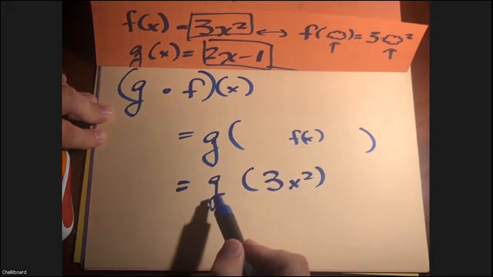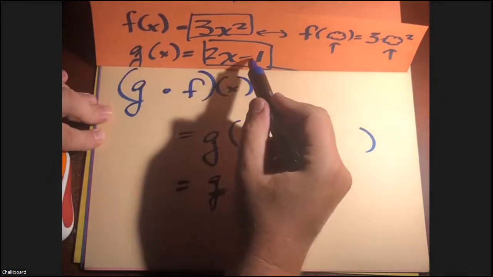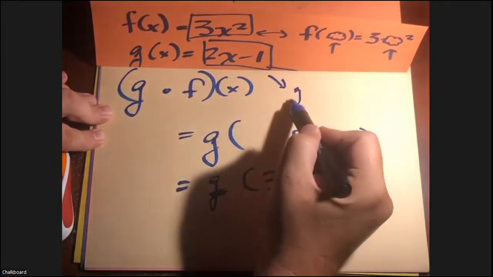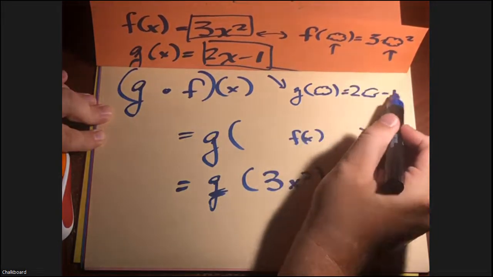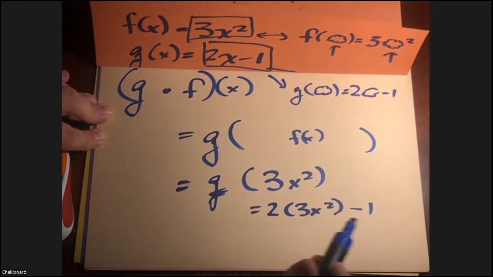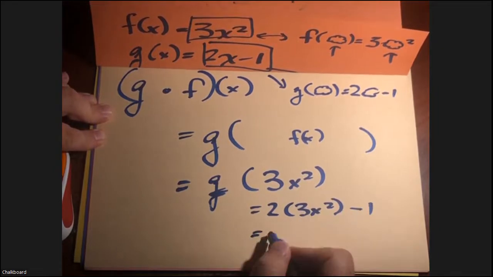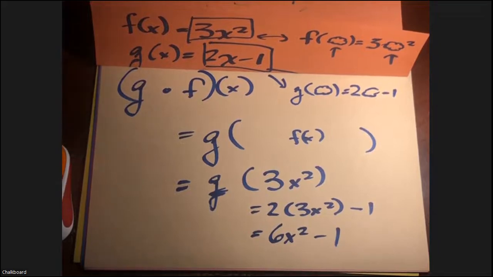Now what is the G rule? G tells you to do 2 times whatever minus 1. Right? With the cloud, it would be 2 clouds minus 1. So it should be 2 times 3x squared minus 1. And then, of course, this becomes 6x squared minus 1. That's what we would want for G compose F.